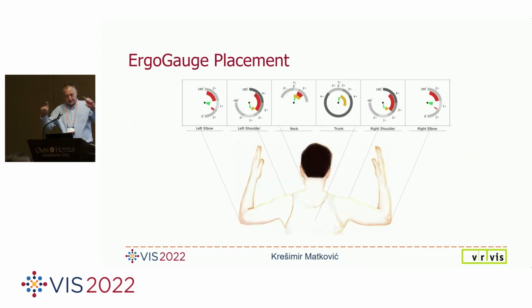We have this stripe of gauges for the angles, and then we also put this drawing or icon of a human body, just to be clear which is right elbow, left elbow, left shoulder, and so on. We also draw this connecting line so that they can orient themselves faster. Once they learn what is where, they learn it quite quickly.